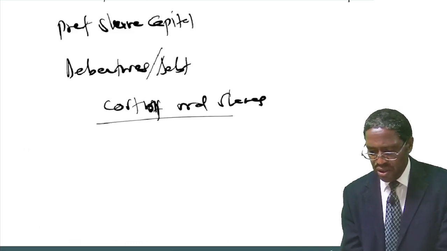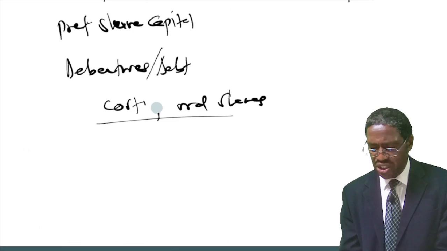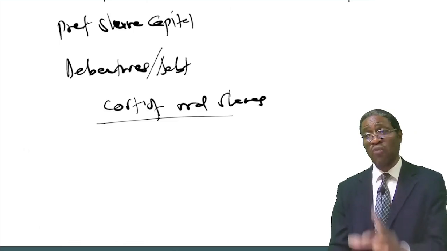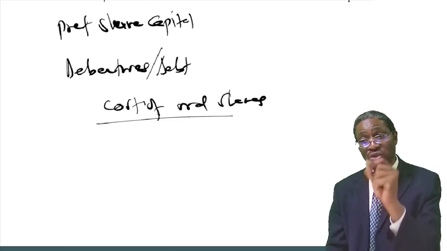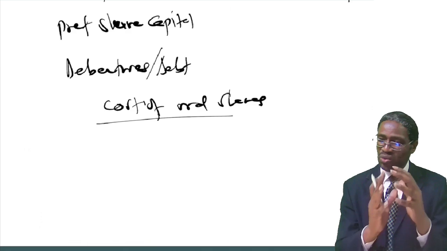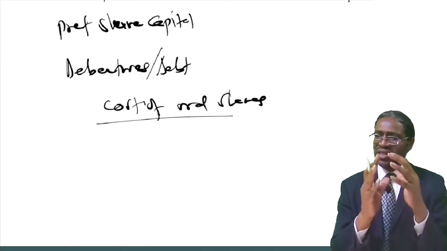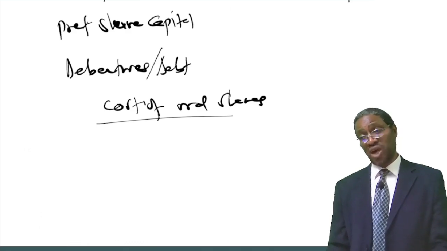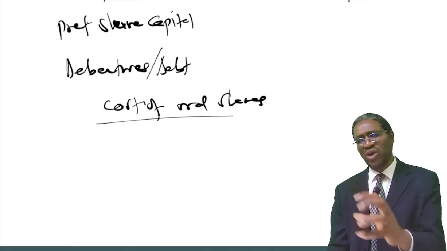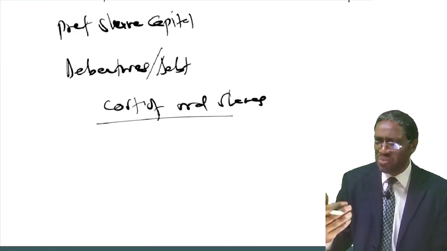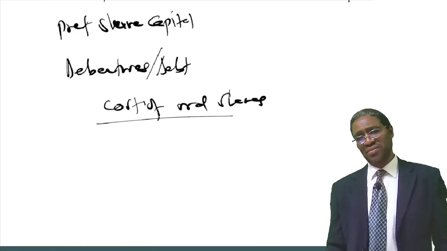There are various ways of computing it. I have told you that cost of capital is the expected return of the providers of capital. So these providers of capital, the ordinary shareholders, what is it that they're expecting as their return?